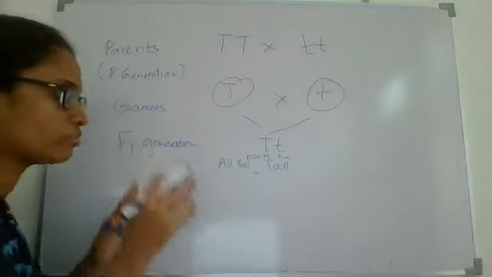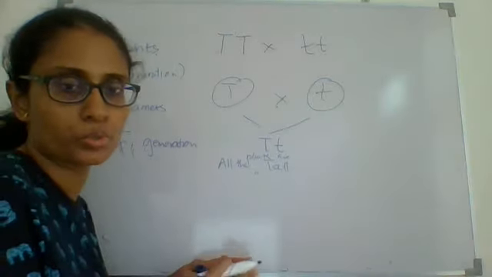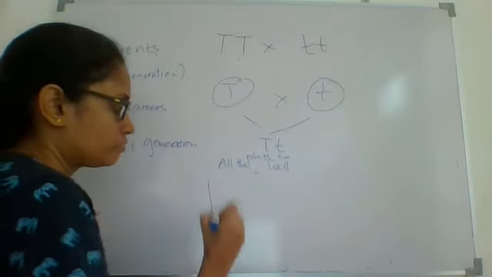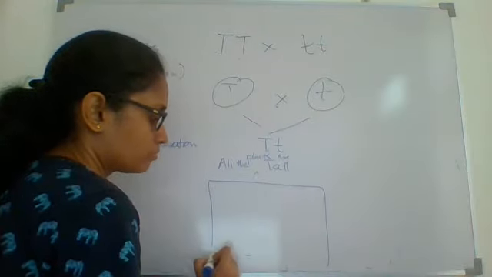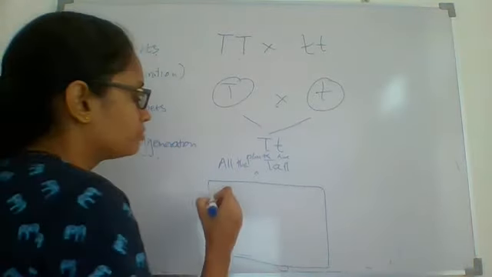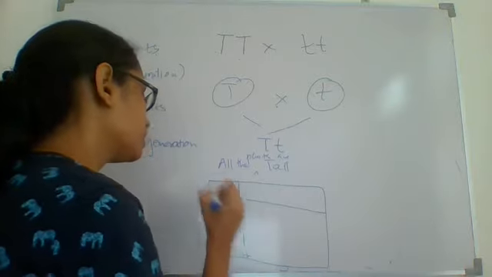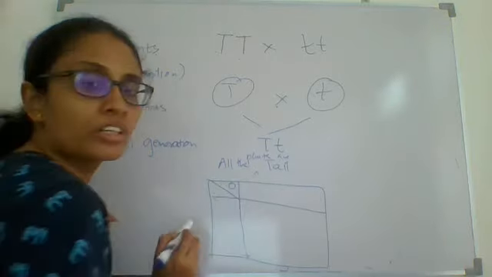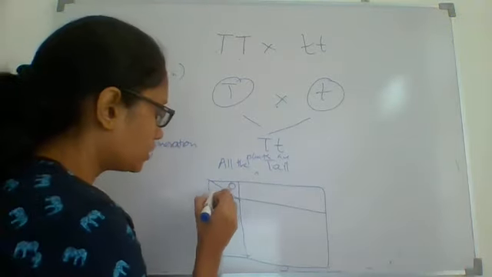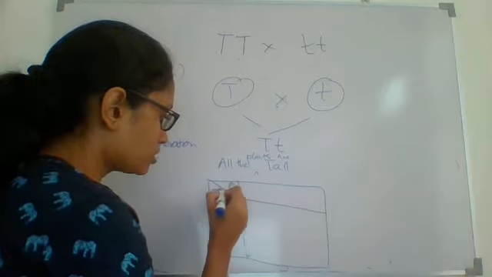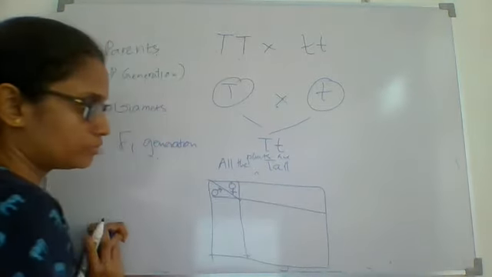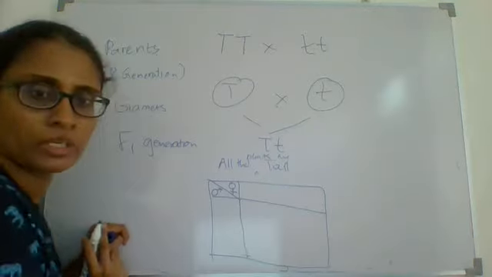Then we come to the Punnett square, right? Here you have the female gametes and the male gametes.